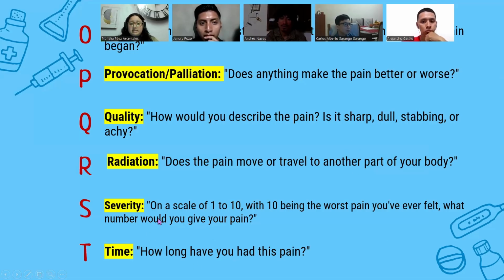For S, severity. On a scale of 1 to 10, I'm pretty sure our parents asked this when we were little kids. On a scale of 1 to 10, how bad is your pain? And for the last one, time. How long have you had this pain? Maybe a few minutes, maybe from a week ago. So that is for OPQRST.